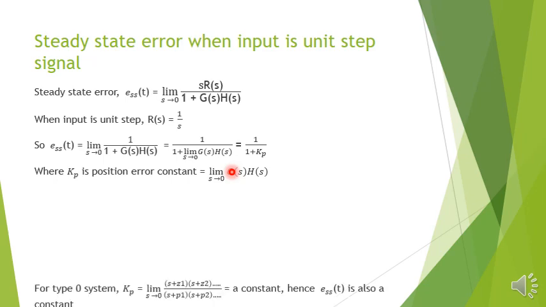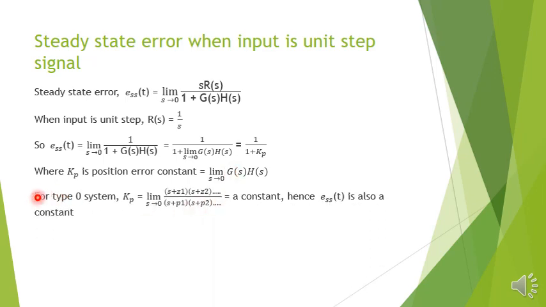Now what happens when the system is of type 0? Type 0 system, what happens to the Kp? It is something like s plus z1, s plus z2 divided by s plus p1, s plus p2 and so on, because no poles are at origin. As s tends to 0, what happens? z1 into z2 something divided by p1 into p2 something.